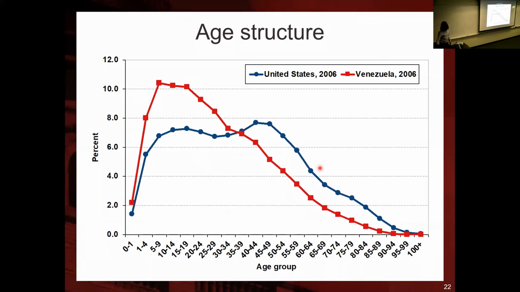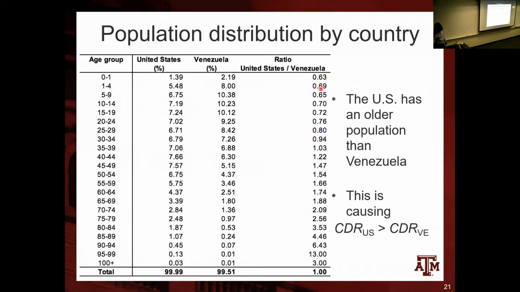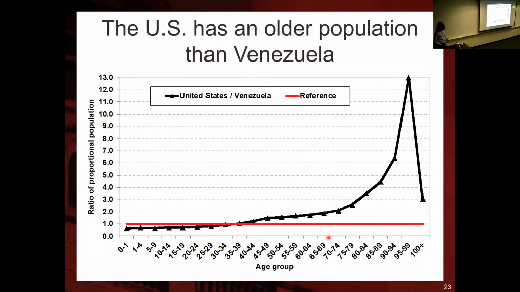And then we can also get that other column here, the ratio, and do a graph with that one as well. That's this graph here, and I just put this reference equals to 1, which would be the line in which you have exactly the same proportion of people in Venezuela and the US for a specific age group.